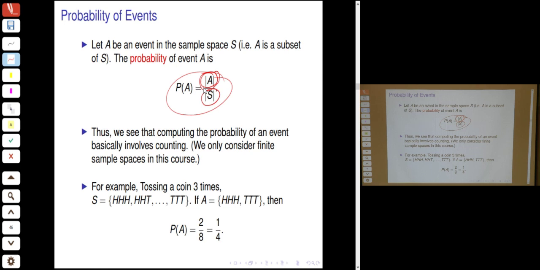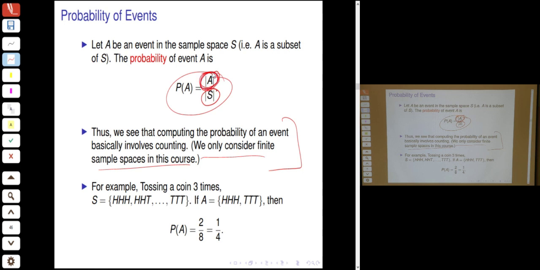Of course, we heuristically can feel or understand what we mean by the chance of an event, but this is an exact mathematical description of this concept. So we see that computing the probability of an event basically involves counting, and we only consider finite sample spaces in this course. Why does it involve counting?